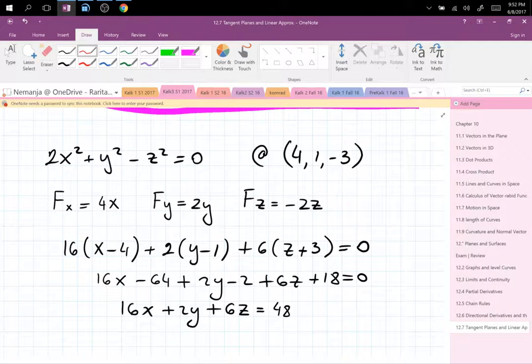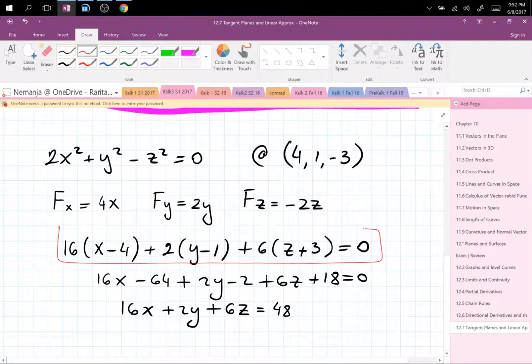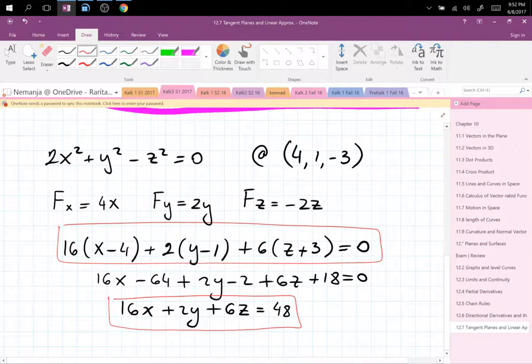So you can have either of the two. You can leave this one, which is fine, or the other.